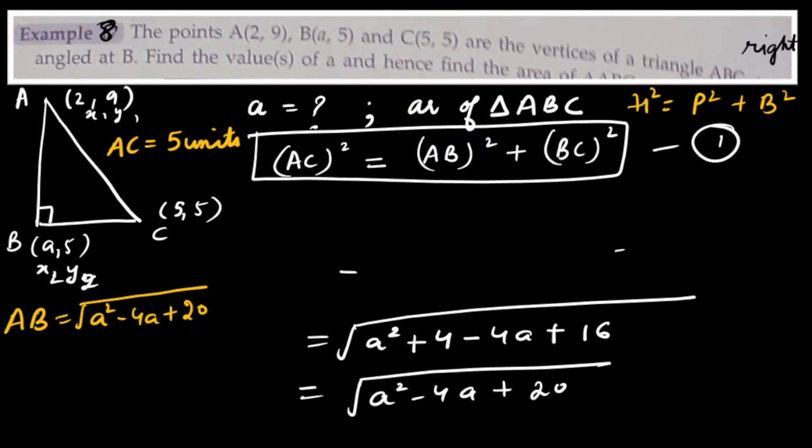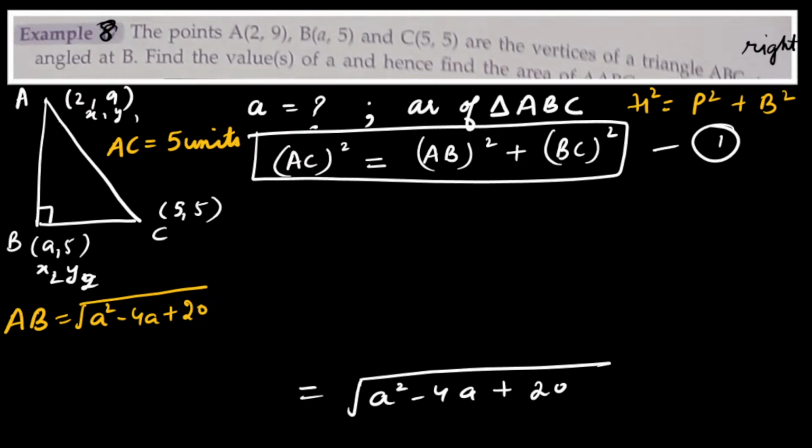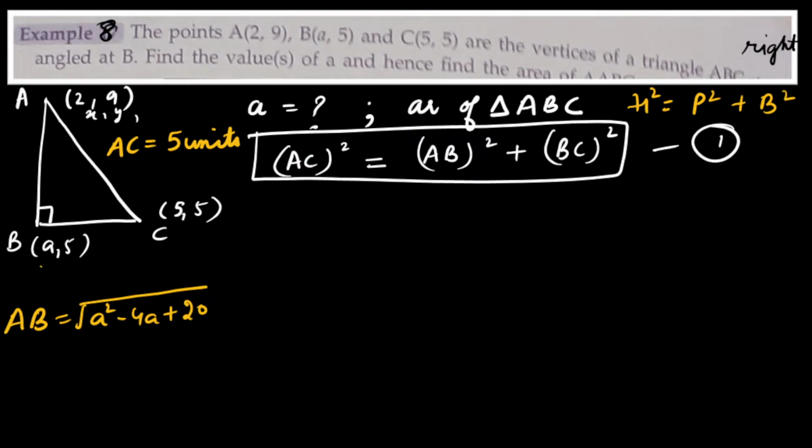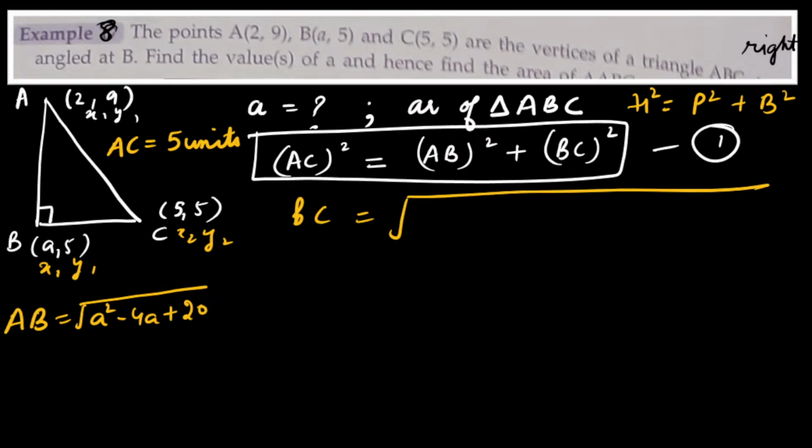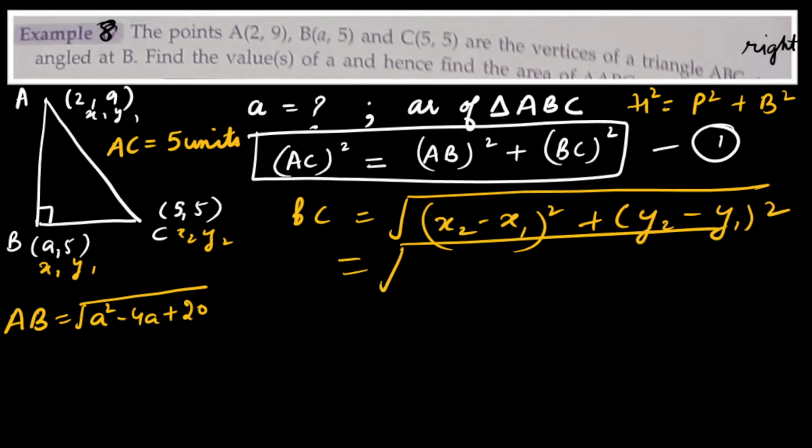Now we have to find distance BC. For finding BC, we have to use the coordinates of points B and C. So this is x1, y1 and this is x2, y2. So x2 minus x1 whole square plus y2 minus y1 whole square. Coordinates of B and C I am using. So x2 is 5, 5 minus, what is the value of x1 here?